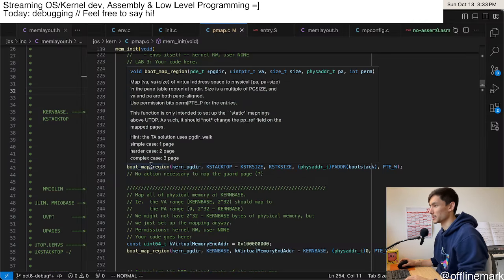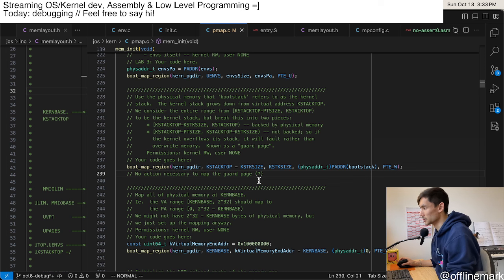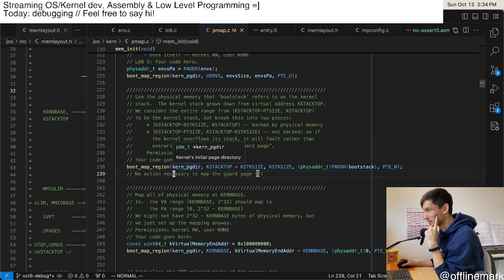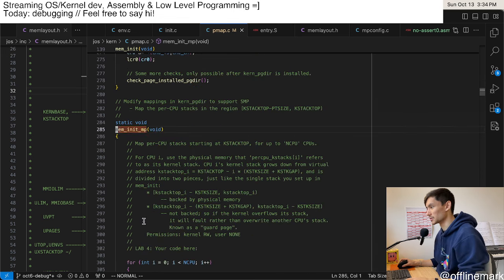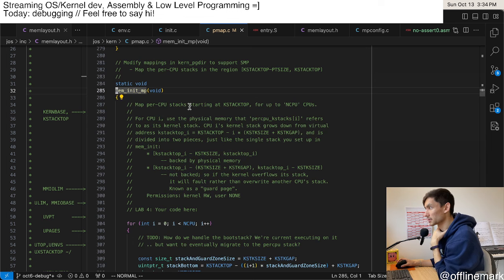But okay, basically, before I go too deep into that, I'm really wondering if this is redundant now, because now we basically just do the same thing. Map per CPU kernel stack starting at kstacktop for up to N CPUs.